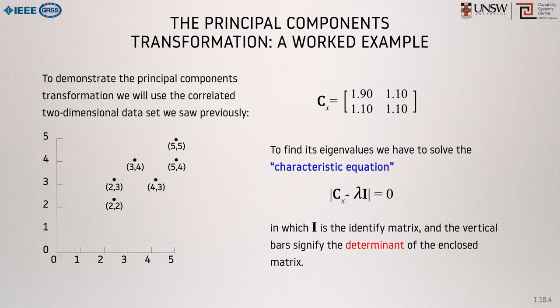It has several values, which will be the eigenvalues we are looking for. As we noted in the last lecture, the identity matrix is just a diagonal matrix with 1s in the diagonal positions. When multiplied by the scalar lambda, it gives a matrix of zeros, except with lambda in each diagonal position.